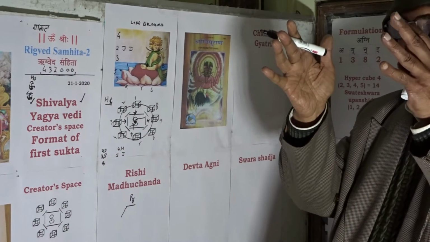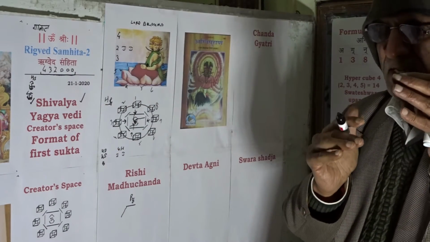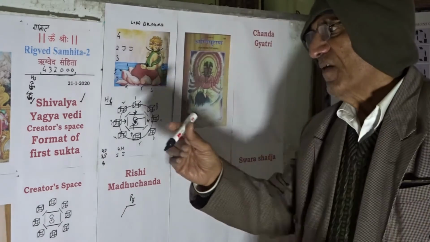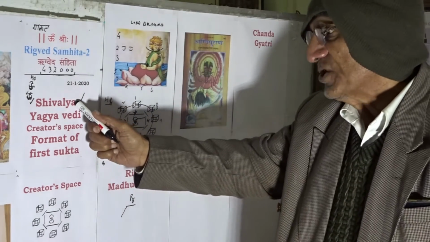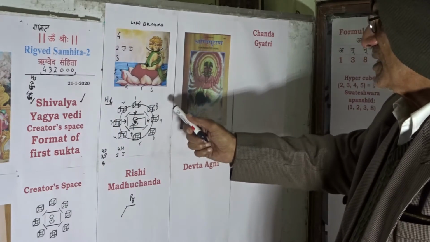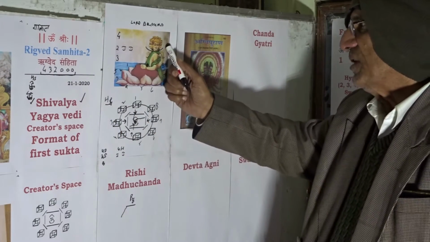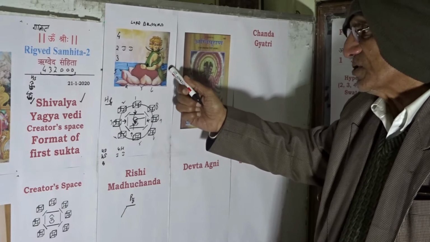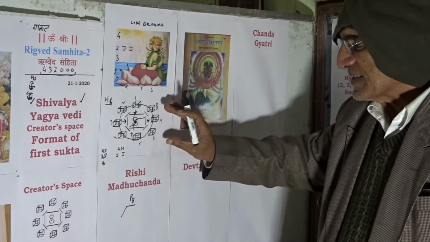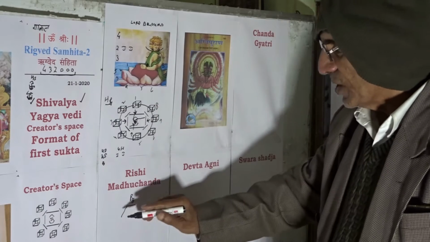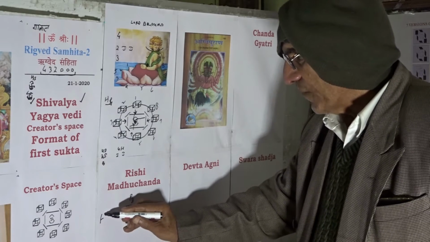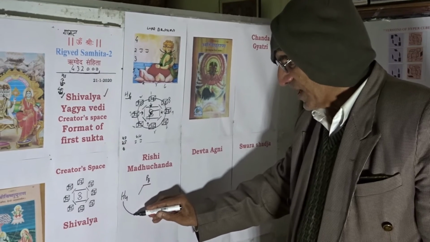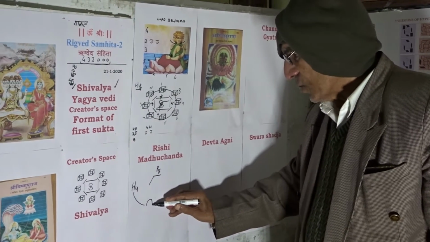This format of a Shakala Rigved Samhita is of the foundation of a Shivalya. The foundation of Shivalya is the foundation of the format features of idols of Lord Brahma, Creator, the Supreme. Therefore, essentially it is taking us to the format of hypercube of 4, and of it as well we are reaching at its origin.